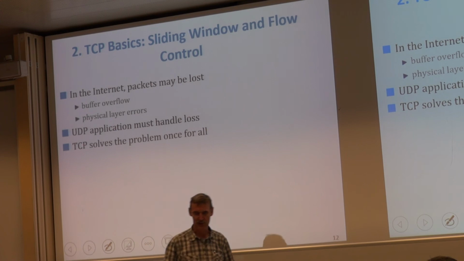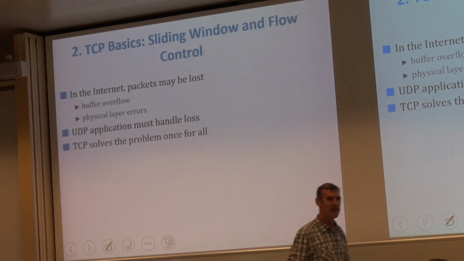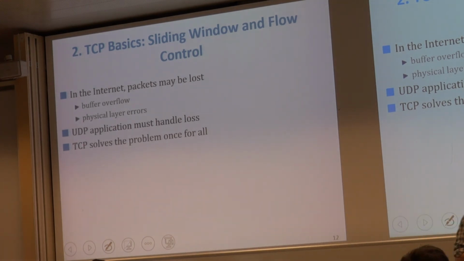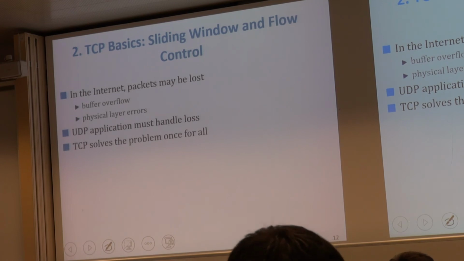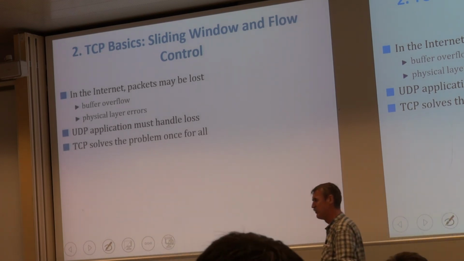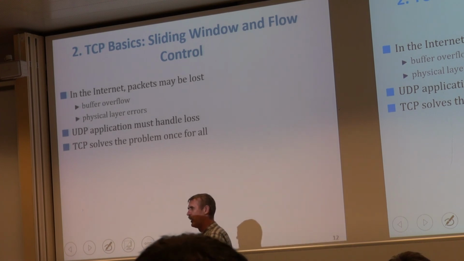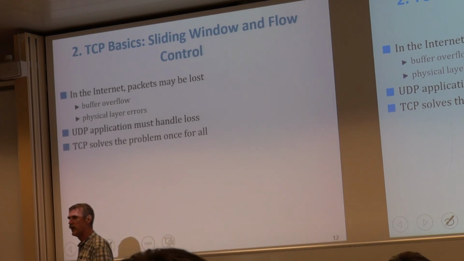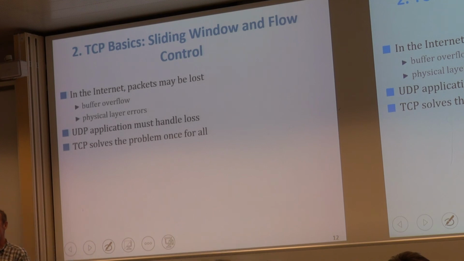Well, that's exactly my transition to TCP. If you care about losses and you don't want to do what the DNS client has to do, then use TCP. TCP will do it for you. So TCP was invented exactly based on the observation that many applications will do the same thing.